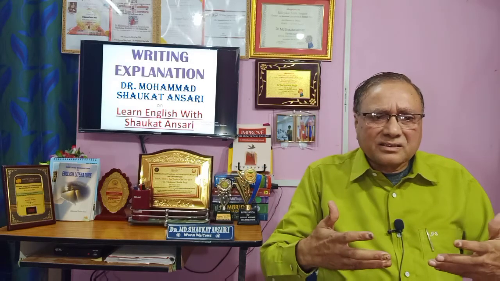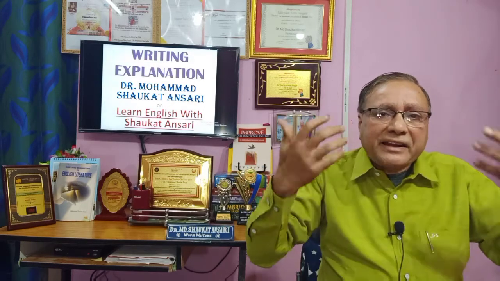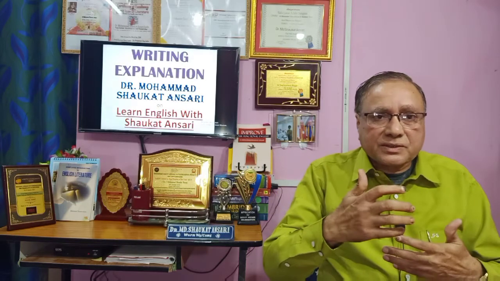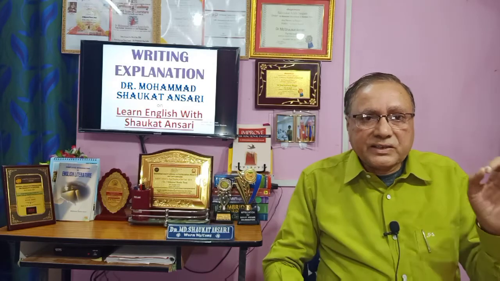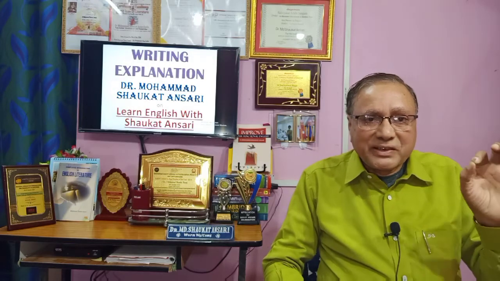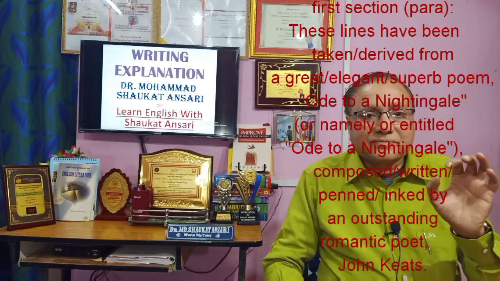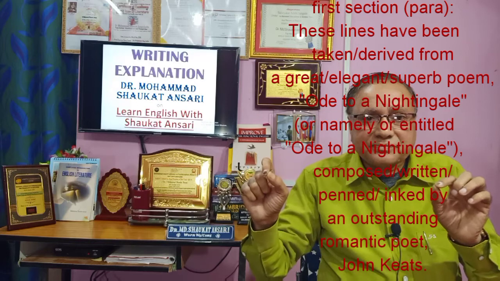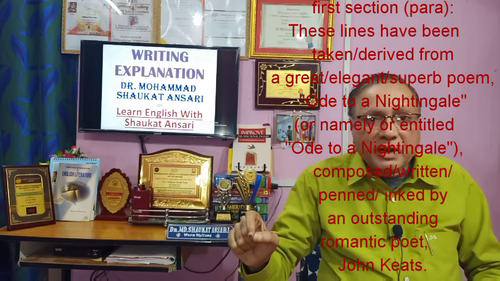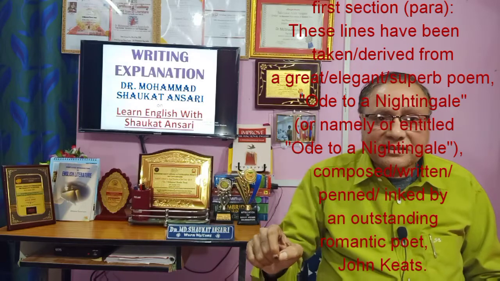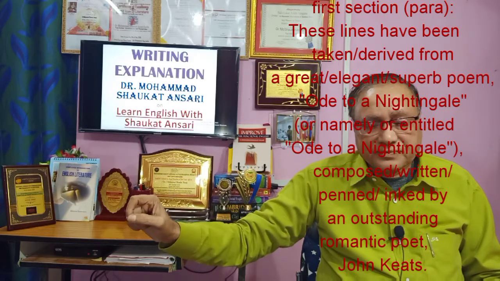Let us learn how to begin your explanation. If lines are from a poem, these lines have been taken from, write the name of the poem, written by, composed by, or penned by, write the name of the poet.